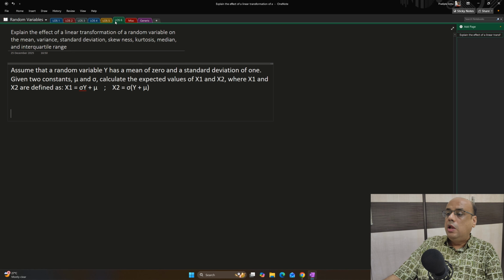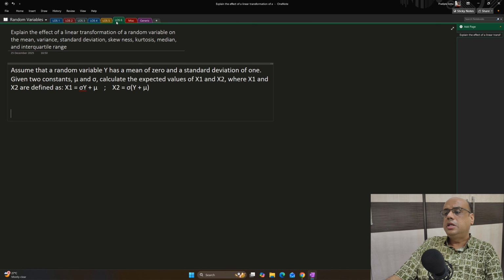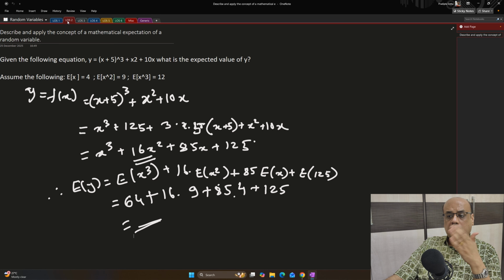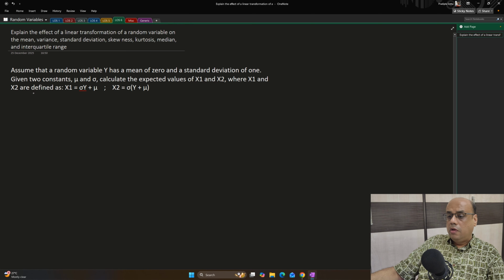Coming to the last LOS, the last two: LOS 5 is again describe the quantile function and quantile based estimators, and the last LOS is the effect of linear transformation. Like we did a similar problem in LOS 2, it is just an extension of that. So this is very simple.